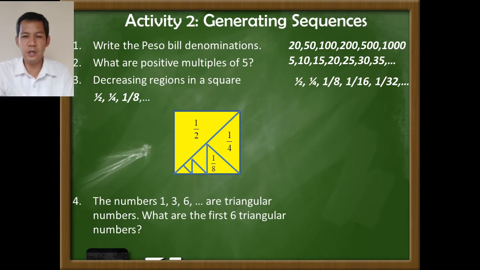About the first 6 triangular numbers, we have 1, 3, and 6 as the first 3 numbers, followed by 10, 15, 21. These sets of numbers are other examples of sequences.